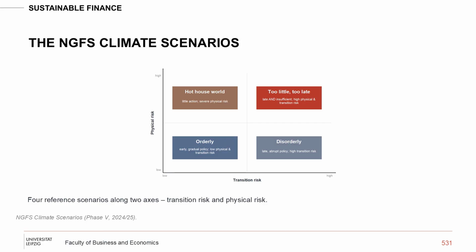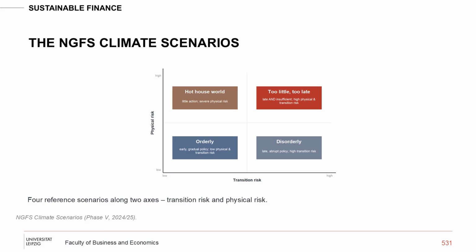An orderly world, where we act early and smoothly, low on both risks. A disorderly world, where we act late and abruptly. High transition risk, as sudden policy shocks hit. A hothouse world, where we fail to act, so transition risk stays low, but physical risk becomes catastrophic.